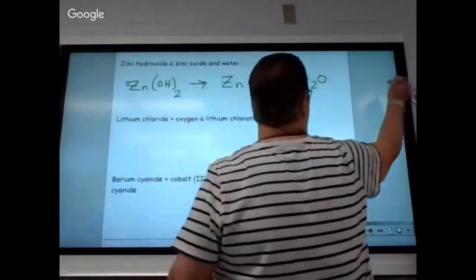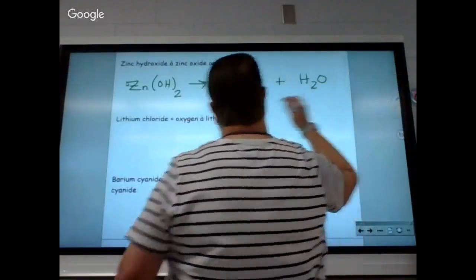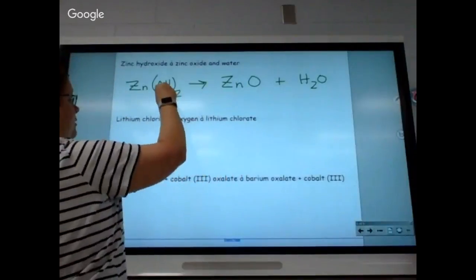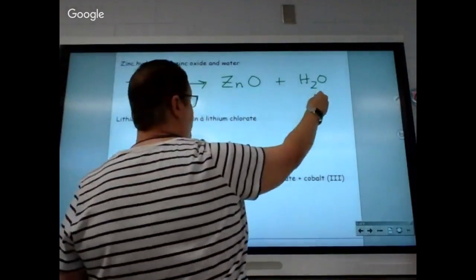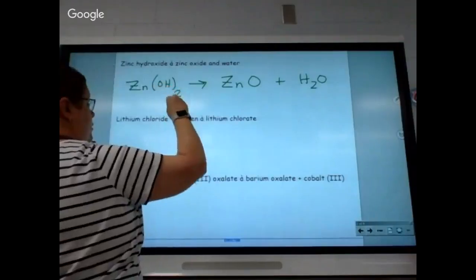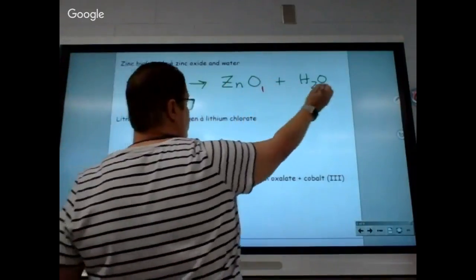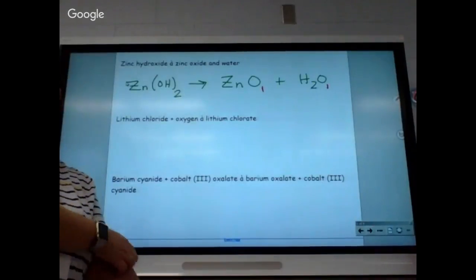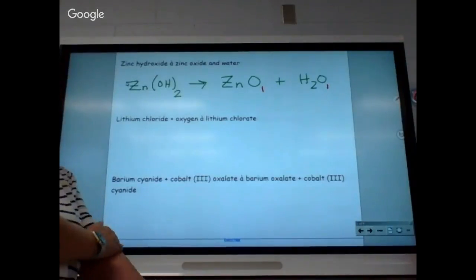So when you look at this, you've got one zinc, so it's good. How many H's? 2, so the H's are good. How many O's? 1 O and 1 O. So it's already balanced.